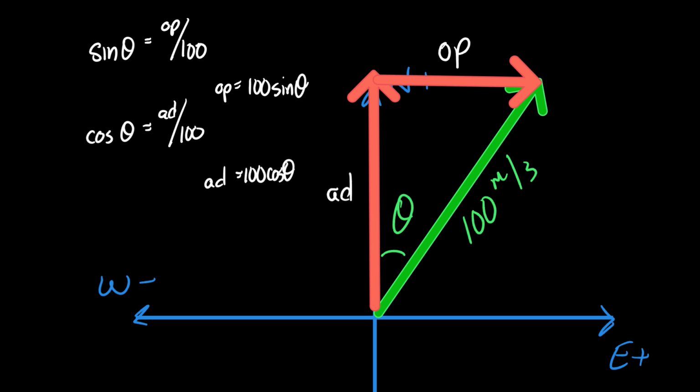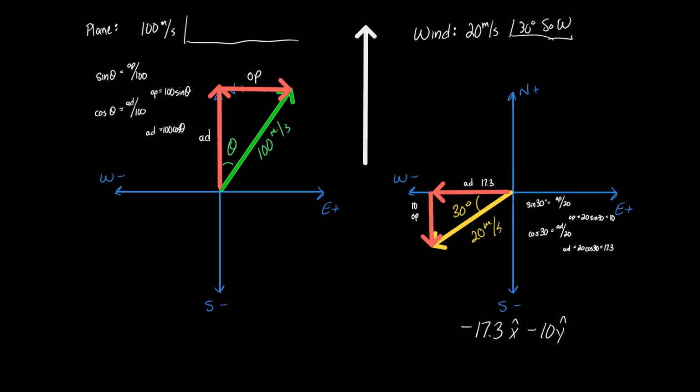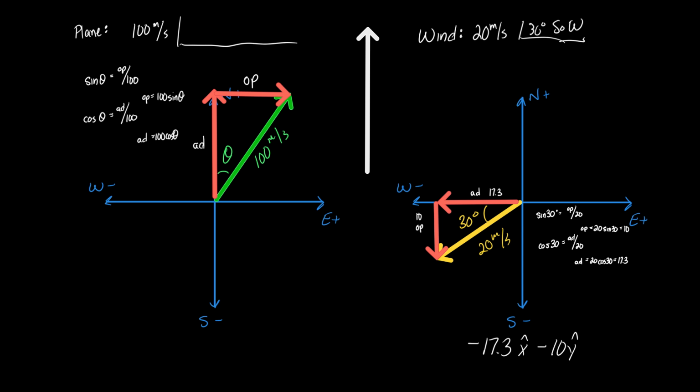I can't write them any more than that. That's as much as I can do. So I'll write out my sentence that tells me the components. It looks like I will have positive 100 sine theta in the x direction plus 100 cosine theta in the y direction.